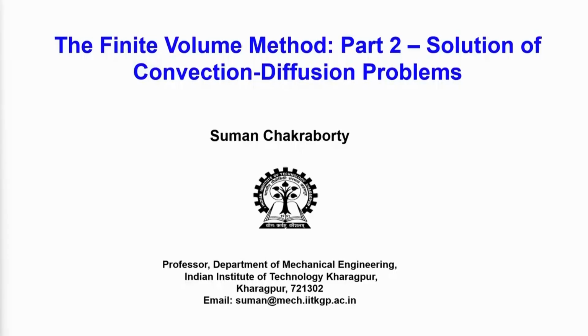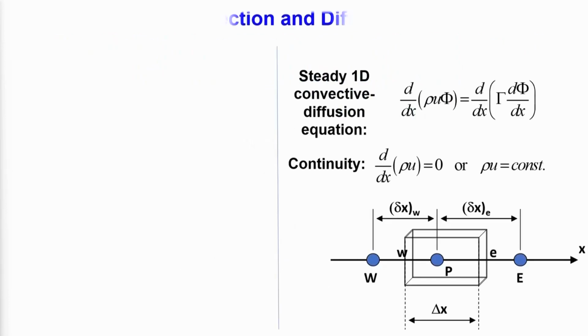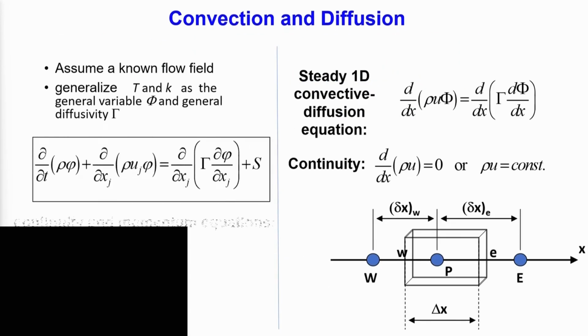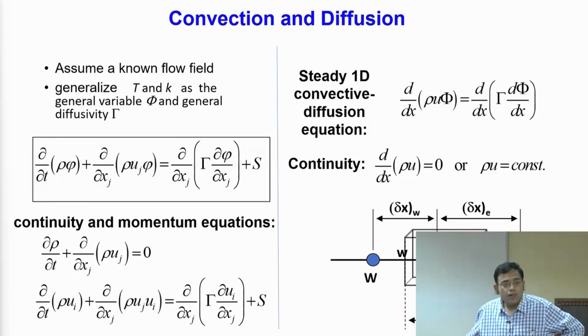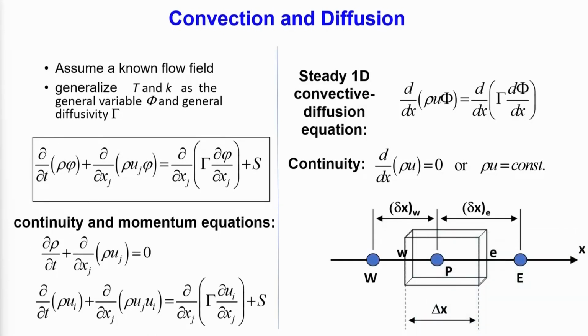So, what we will now see is that in the convection diffusion problem, we will add the fluid flow effects, and what is the implication in your solution when you add the fluid flow effects?